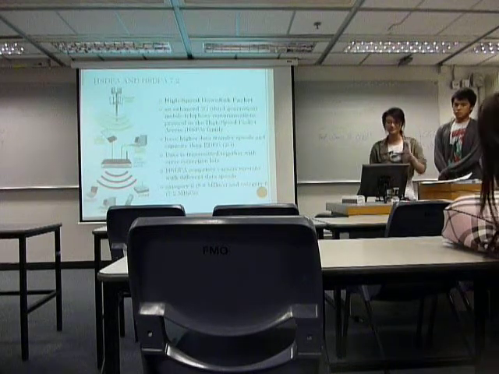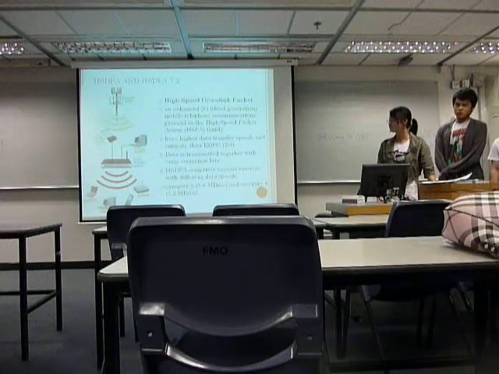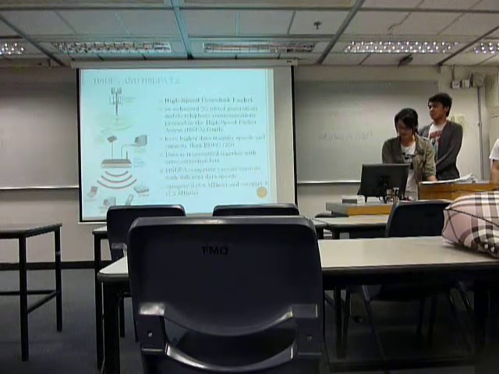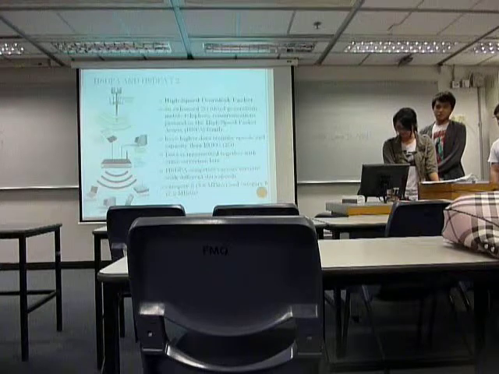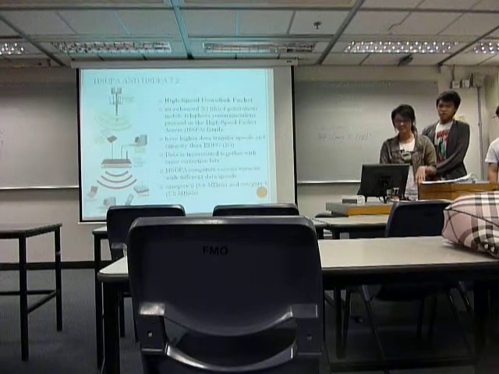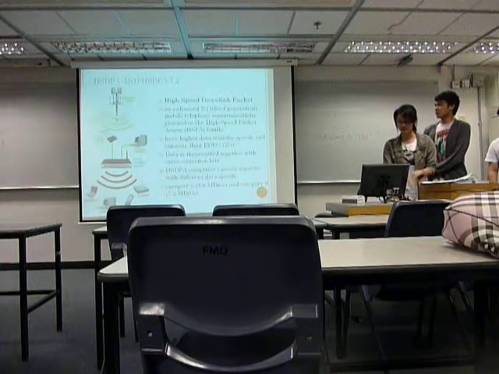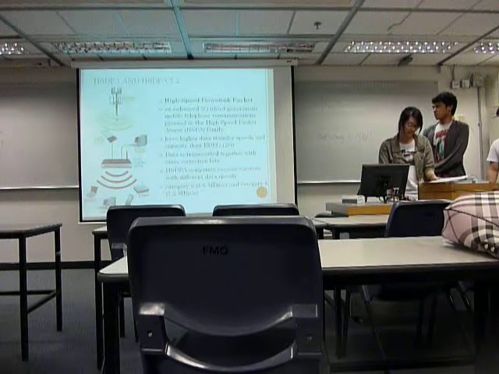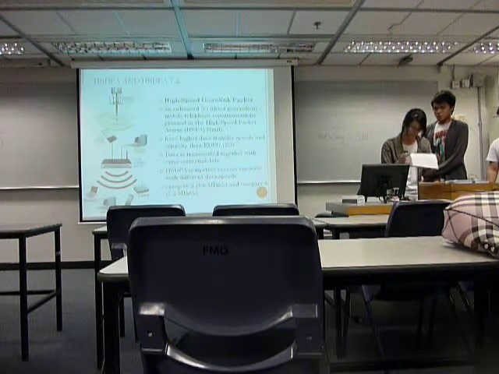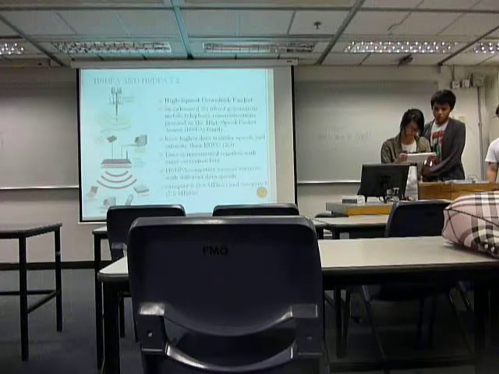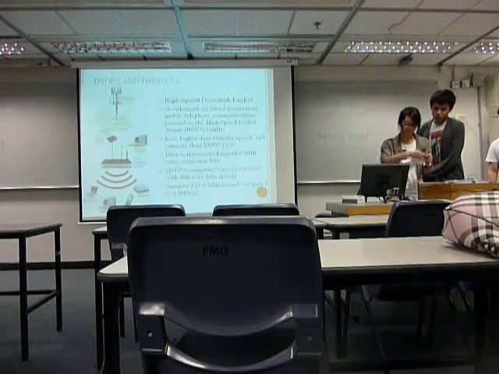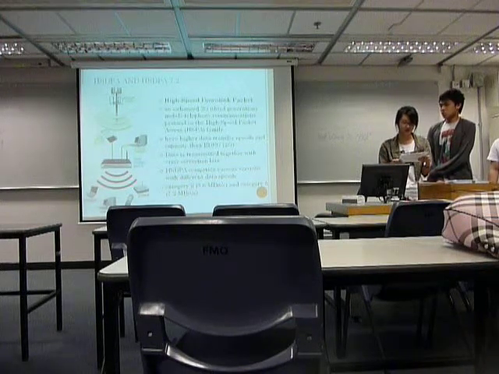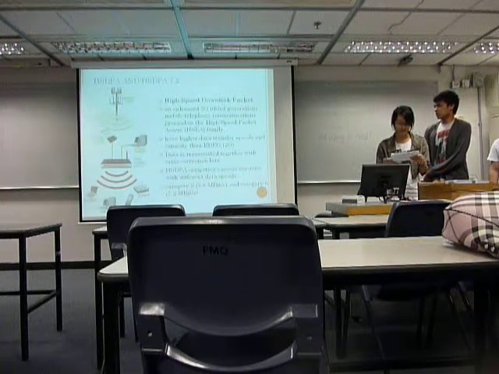For the HSDPA, you can see from the graph how it works, and its data is actually transmitted together with error correction bits, and it is an enhanced third generation mobile telephony communications protocol in the HSPA family.